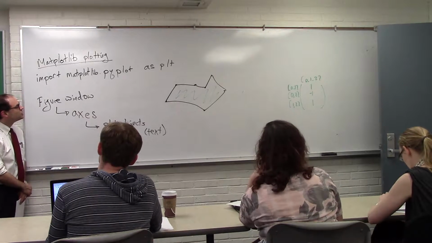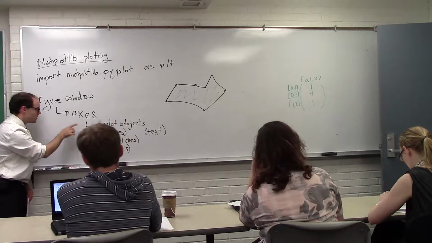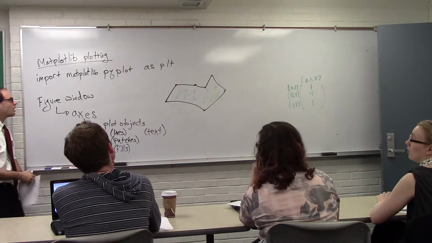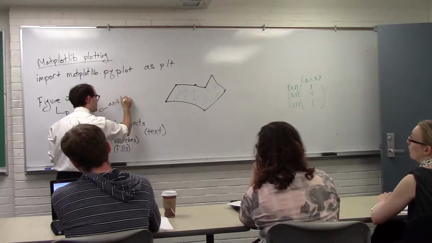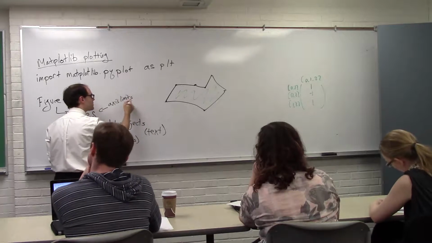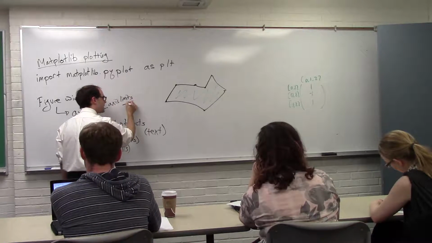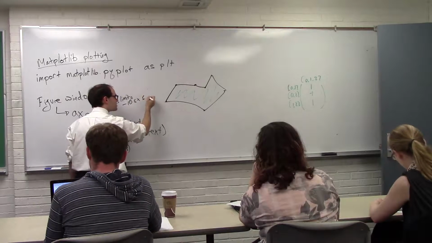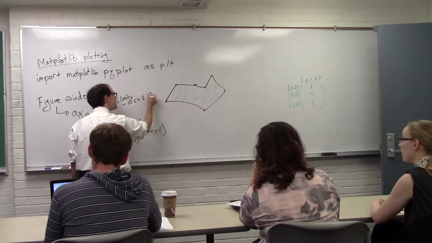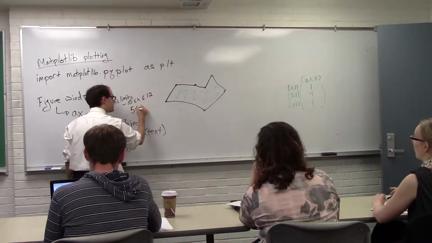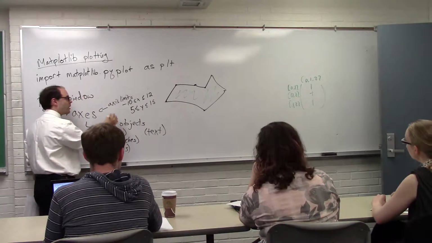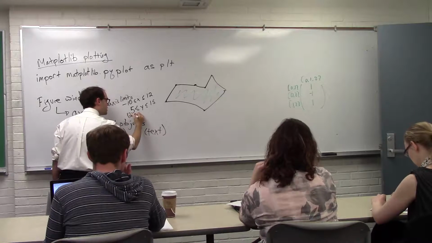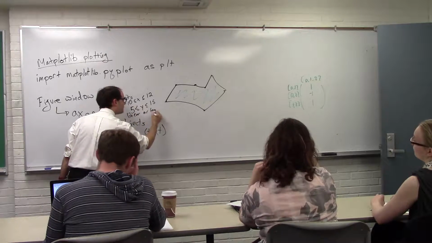Okay. So associated to an axis are axis limits, something that would say, roughly speaking, -10 less than or equal to x, less than or equal to 12, and 5 less than or equal to y, less than or equal to 15. Things about whether or not this is linear or a log scale.